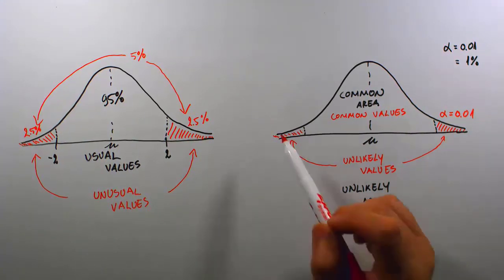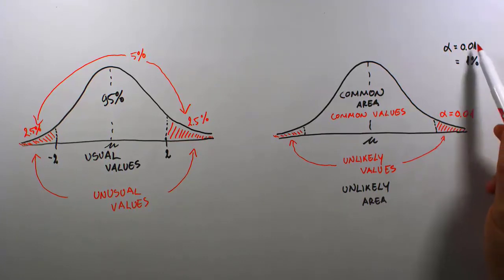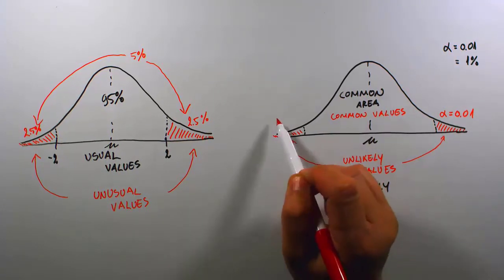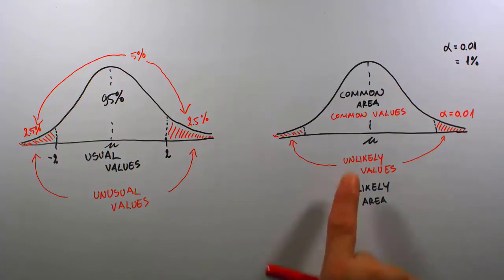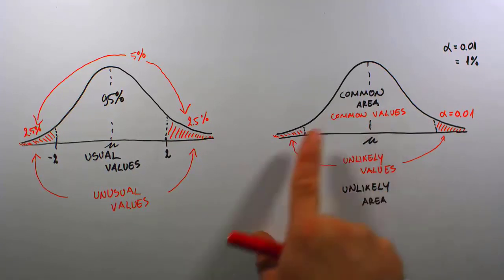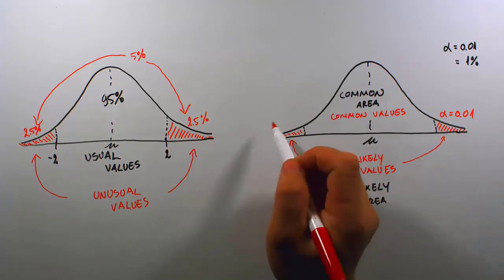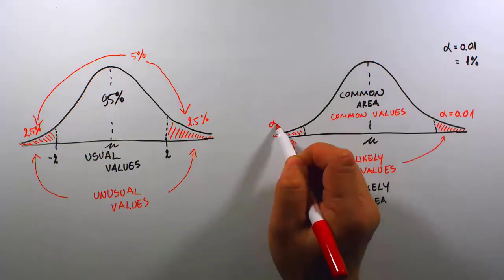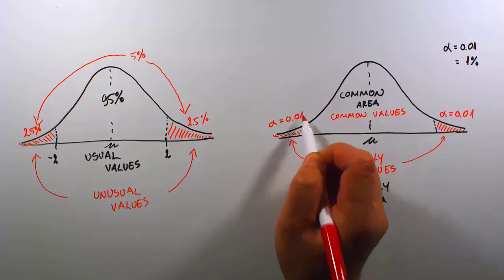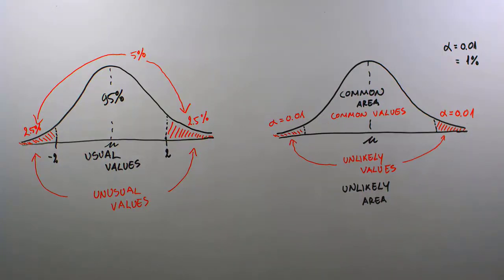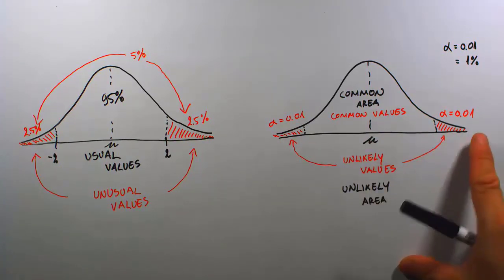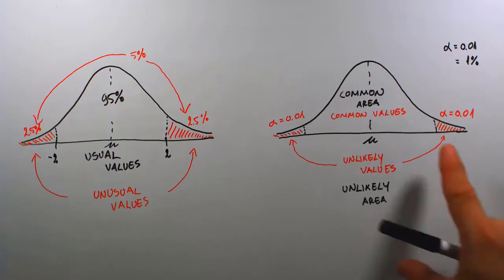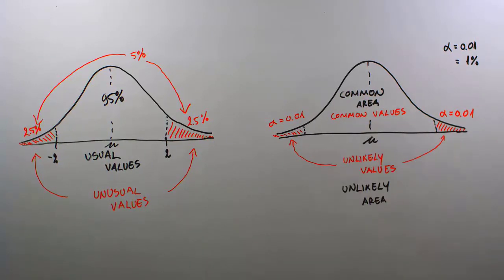And the very same significance level being 0.01 in our problem means this left tail, the unlikely area outside of the common area but to the left of the bell curve, is also 0.01. So in other words, the significance level is a way to indicate the amount of unlikely area outside of the common area.